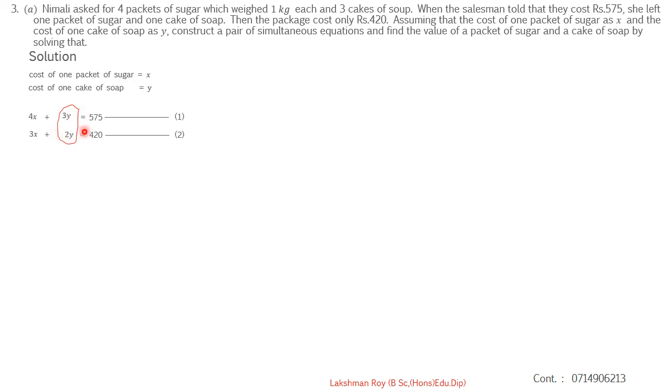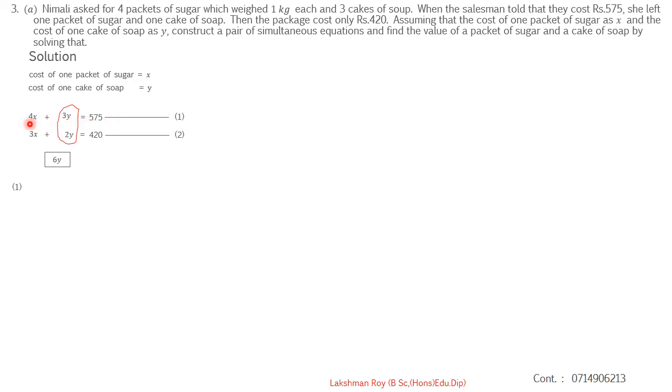Now the equalizing term is positive 6y. I multiply the first equation to make 6y. You should multiply this 3y by 2. 3y into 2 is 6y, so that is the equalizing coefficient. Now the first equation I should multiply by 2, right?